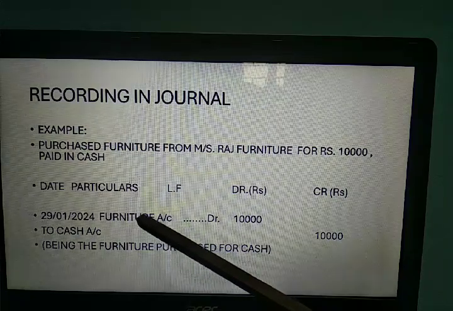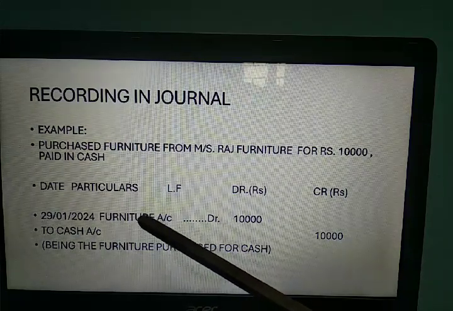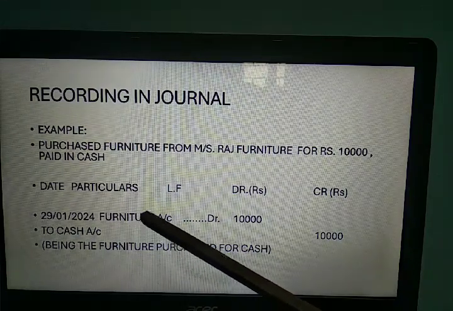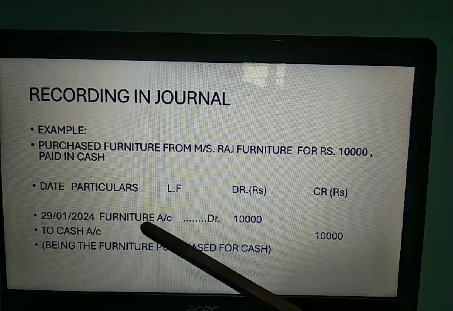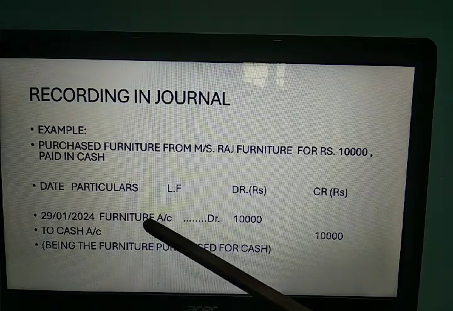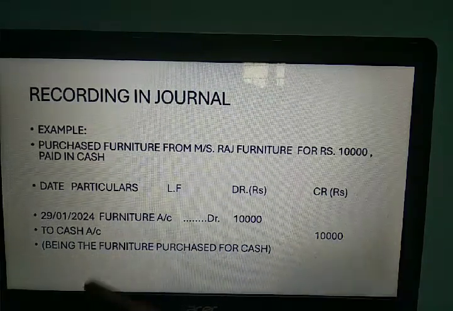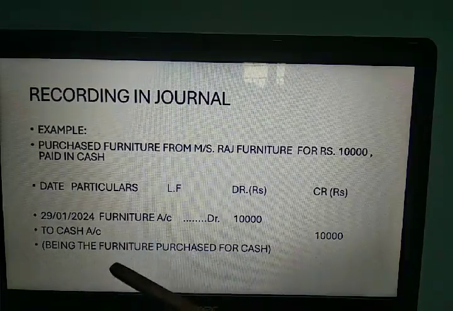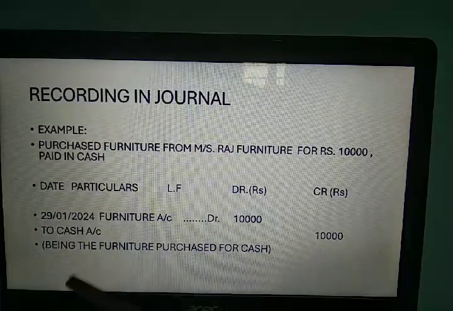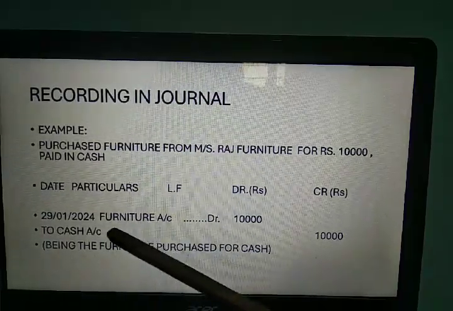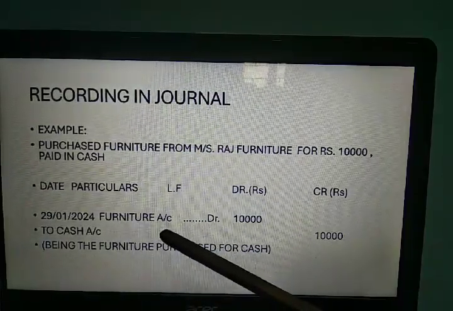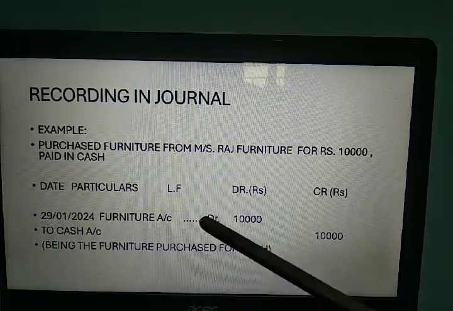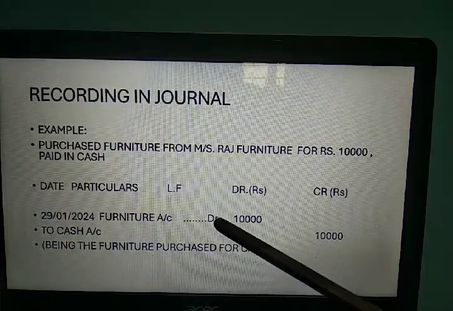Then furniture account is a real account. An asset is coming in, that's why it is debit. And when you purchase furniture, your cash is going out. So the transaction is: furniture account debtor to cash. Dr is the short form of debit.